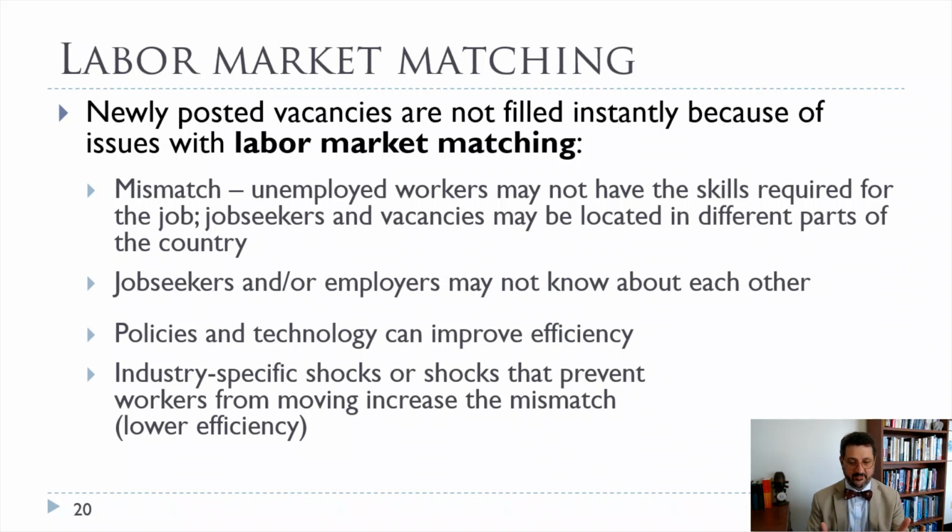We might have workers that have different skills in Boston compared to what Boston firms want to hire. Or we could have workers that have the exact skills that those Boston firms want to hire, but they're in Kansas. And so it's going to take a while to find them. And that means that we could potentially improve efficiency with new policies and technology.